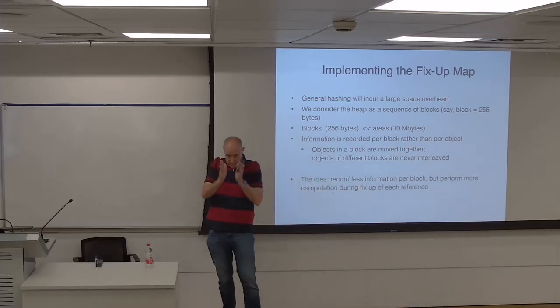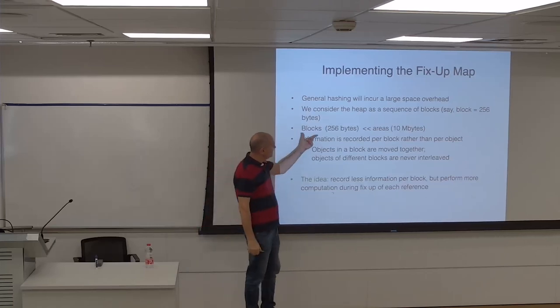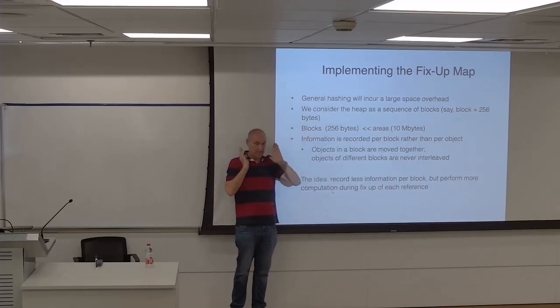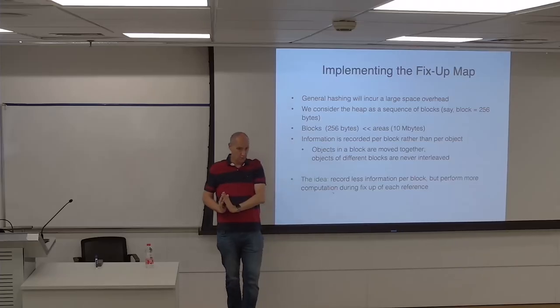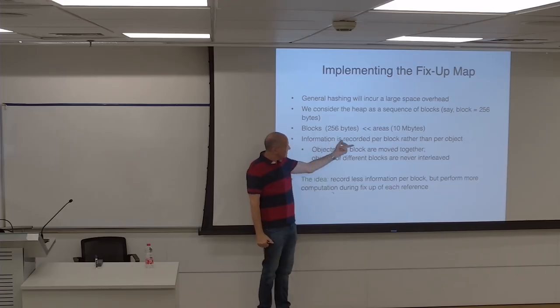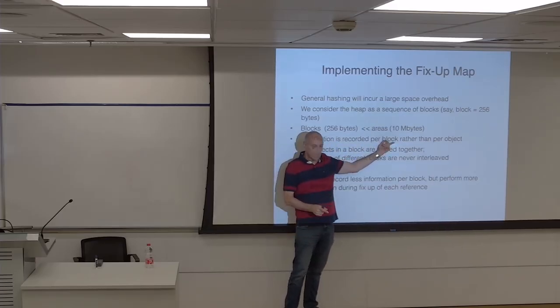Areas are large and blocks are very small. These blocks help us map old addresses to new addresses. This is the goal: I have an old address, I have to compute the new address. So the information is going to be recorded per block and not per object.